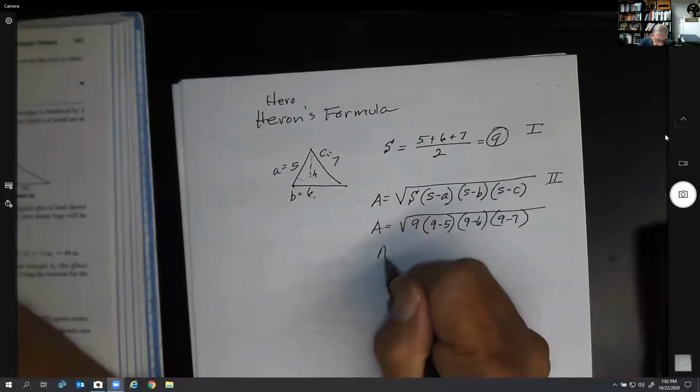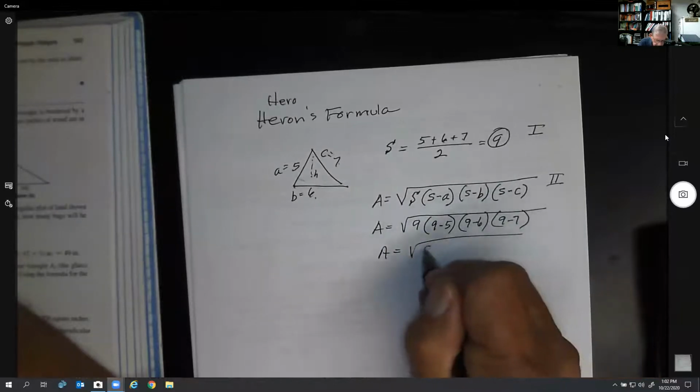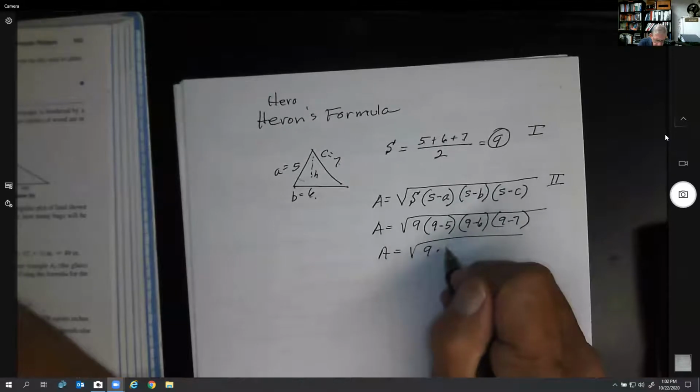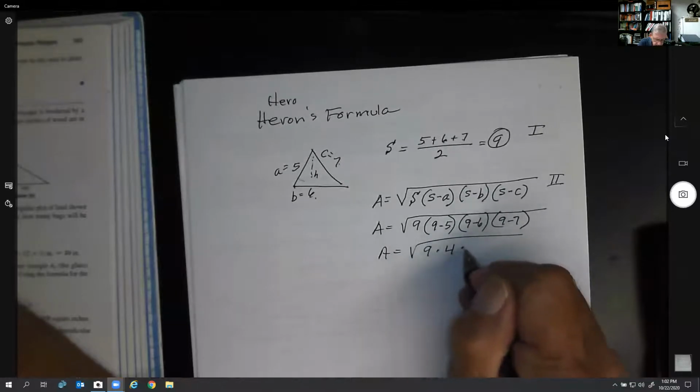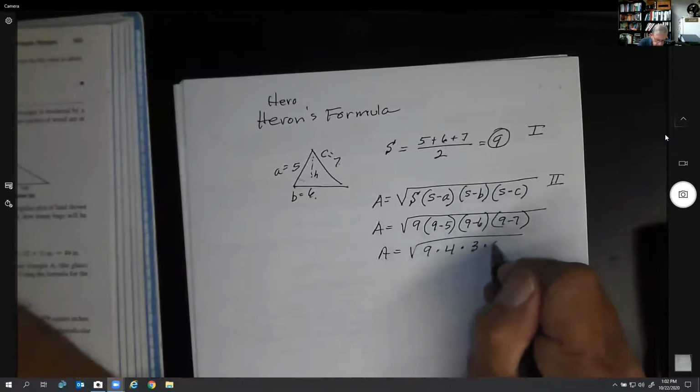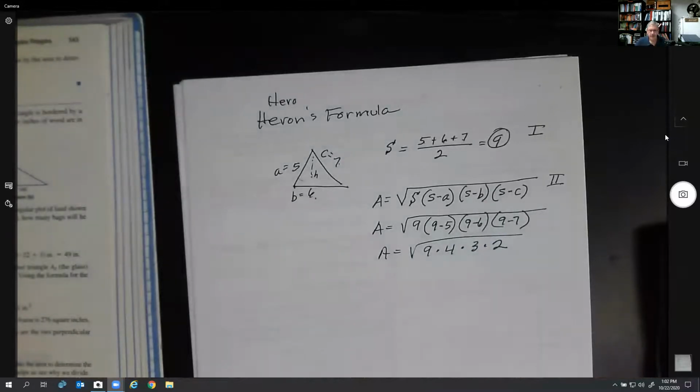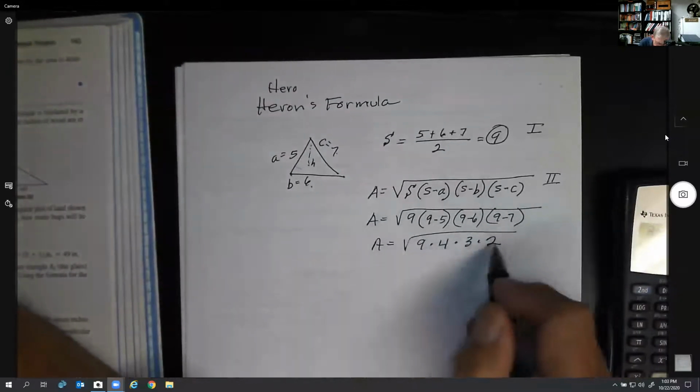So that would be the area is 9 times 4 times 3 times 2 on this particular formula. So let's multiply, and then you're timesing these all.